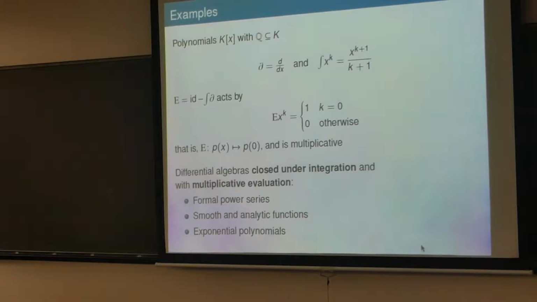In analysis, of course, we have many natural examples of differential algebras that are closed under integration, and for which the corresponding evaluation is multiplicative, like the formal power series, smooth, analytic functions, or exponential polynomials. All these algebras are closed under integration, and the evaluation corresponds really to a point evaluation.